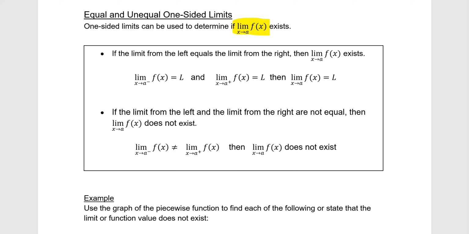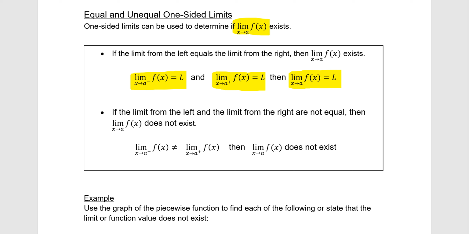So it's relatively simple. If the limit from the left equals the limit from the right, then that is what the limit in general equals. So you can see in this definition here, this first one that I have, if the limit from the left equals L, and the limit from the right also equals L, then the limit exists, and then it equals L.